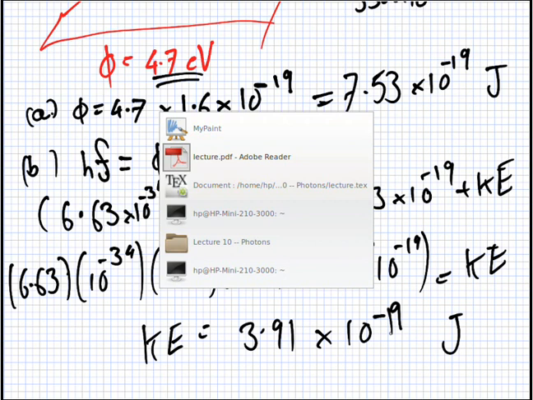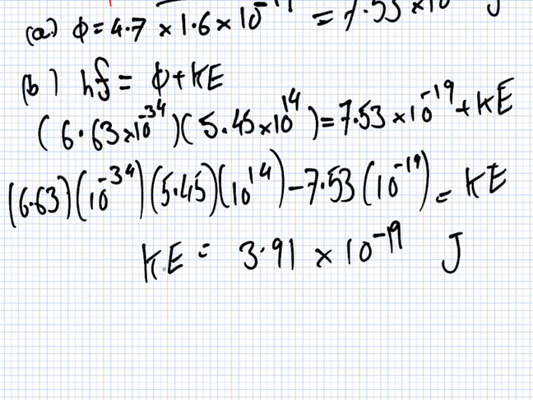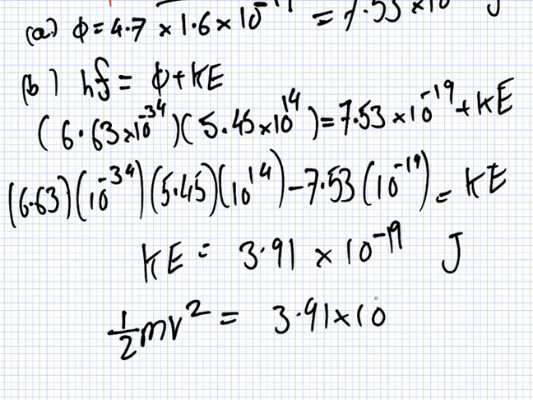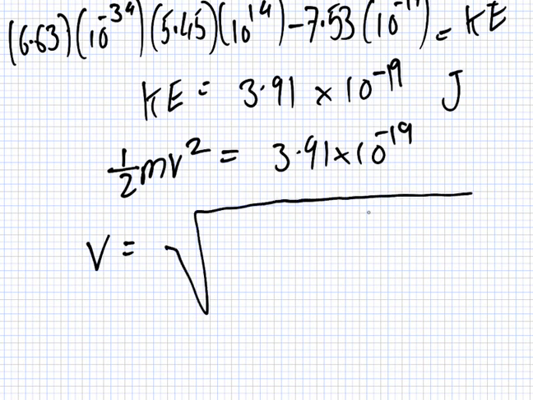Now, I'm not finished because I think I asked for the speed. So what's the formula for kinetic energy? Half mv squared. Now the mass of the electron is on your calculator. So you have v equals the square root of 2 times 3.91 times 10 to the minus 19 over the mass.